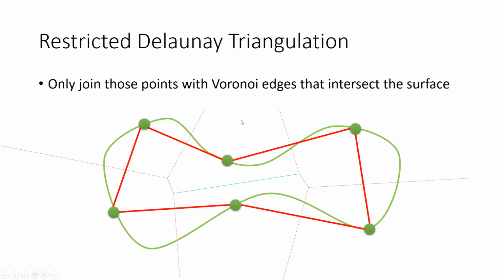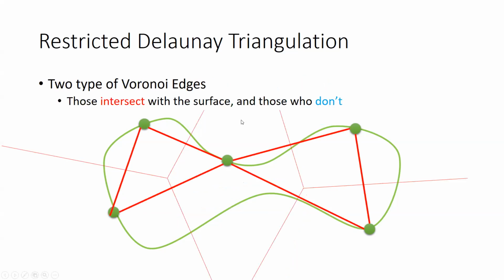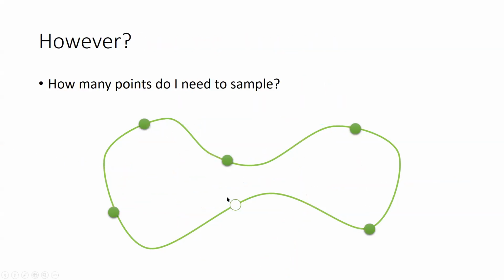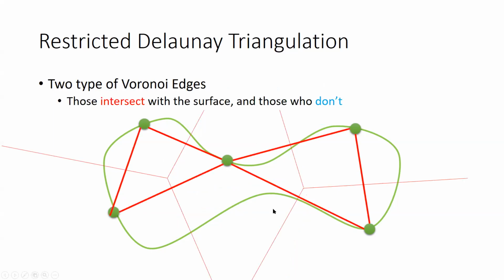But the question is, how many sample points do I need? For example, if we sample only these 5 green points, and I don't sample this white point, then you see that according to the restricted Delaunay triangulation, I got something weird. That means if you don't sample enough points, you may not be able to recover the original topology, even if you know the underlying surface.